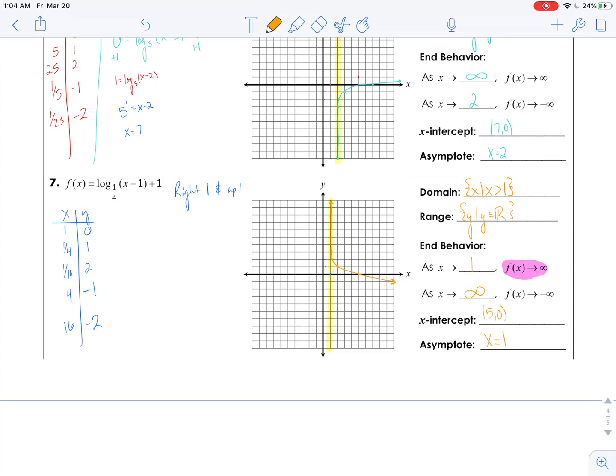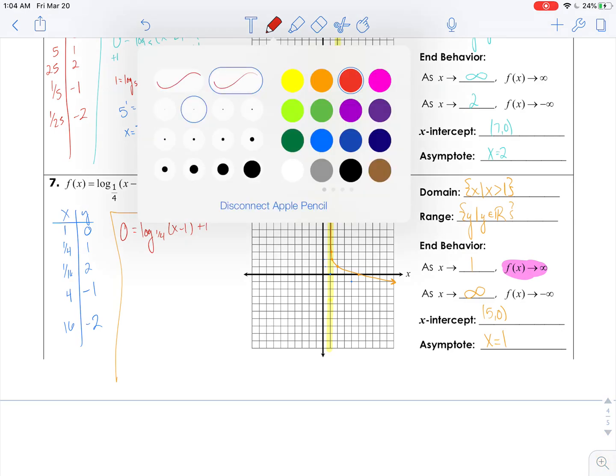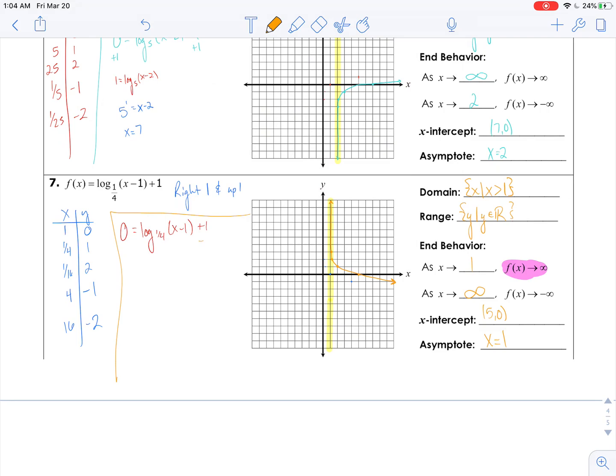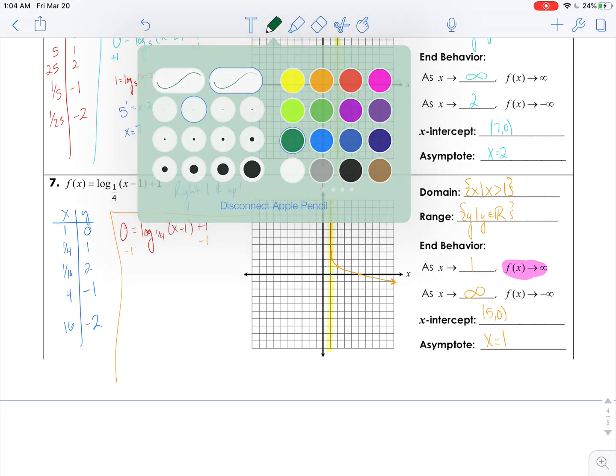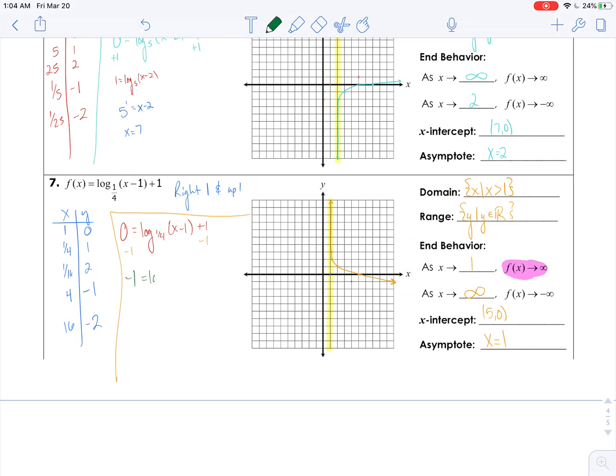And since this is our last problem, you know what? Let's just do our due diligence and check that x-intercept. So plug in 0 for y: log base 1/4 of x minus 1, plus 1. Let's get the log by itself. So we'll subtract 1 on both sides.